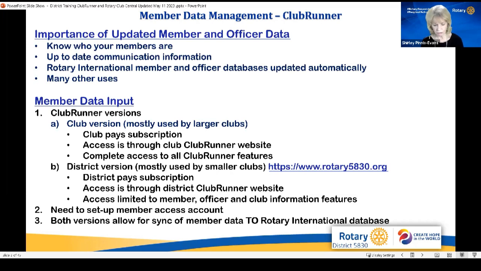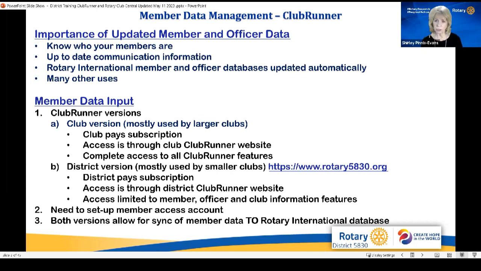On the district version, you still can set up a new Rotarian. You can still edit the Rotarian's profile and officers as well. So whoever your officers are for this following year, you can set that up within that 23-24 year.